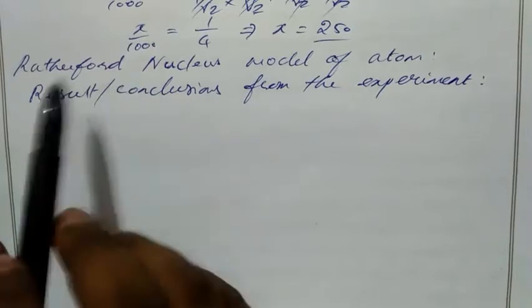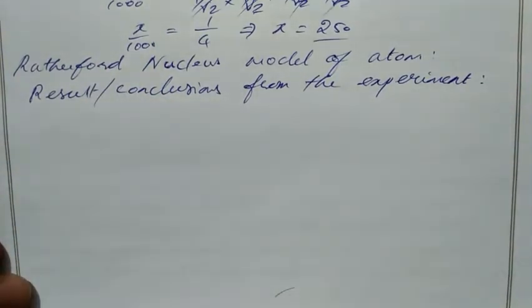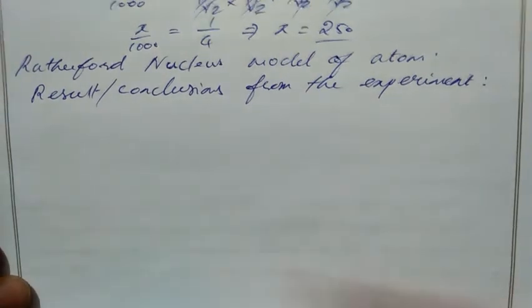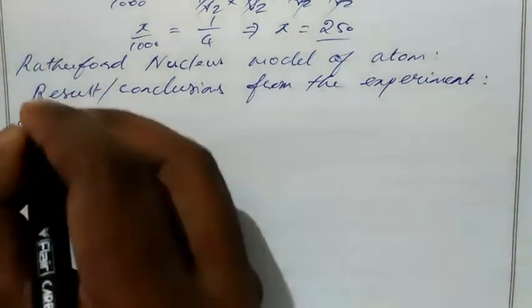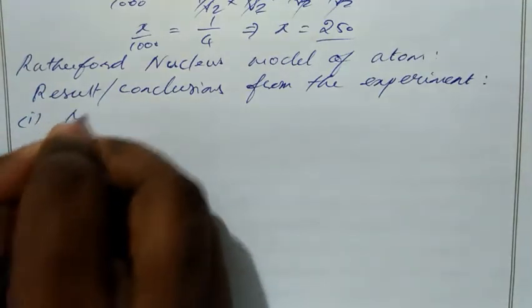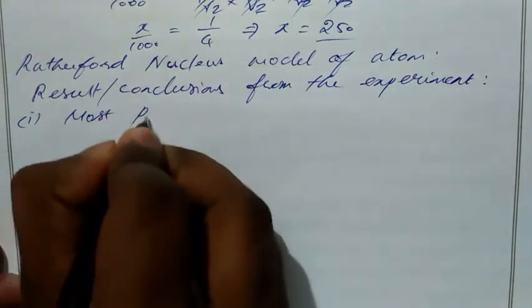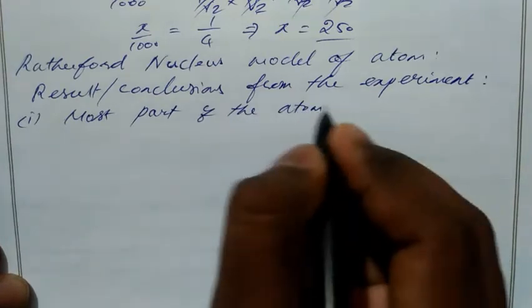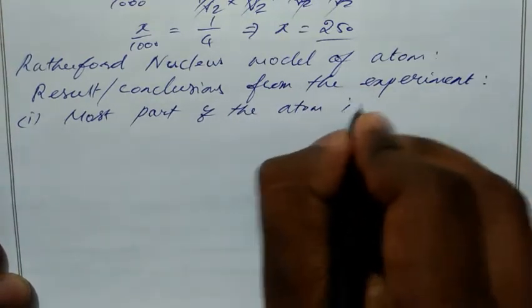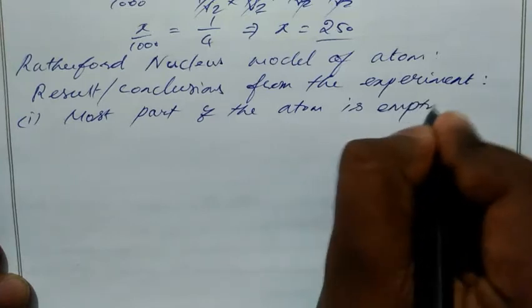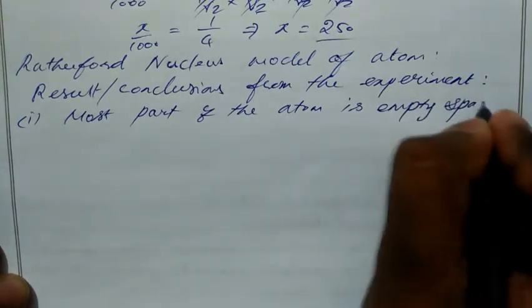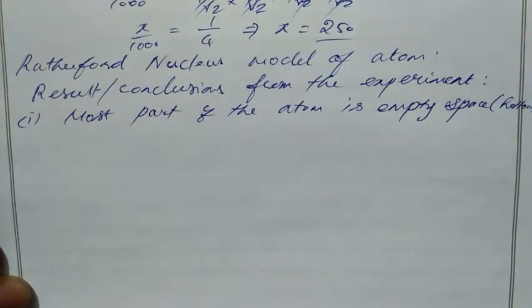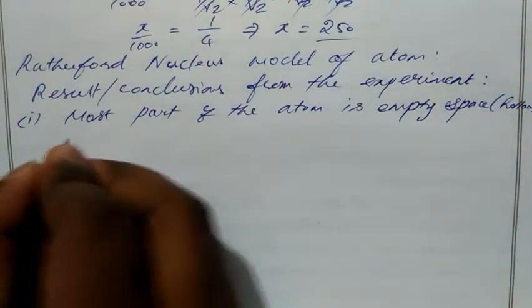So from the previous experiment, Rutherford nucleus model of atom, we have these results and conclusions. The first result: most part of the atom is empty space, or we can say hollow. So how did we say this?